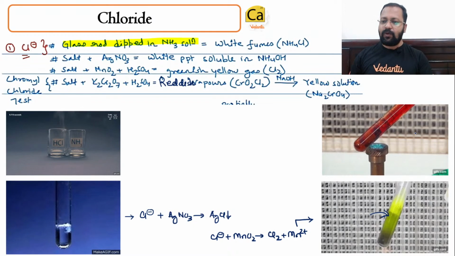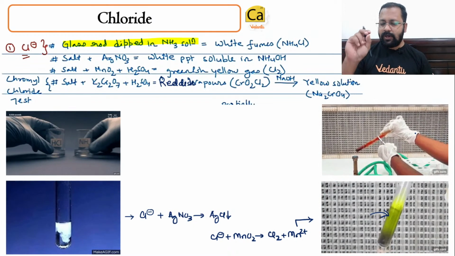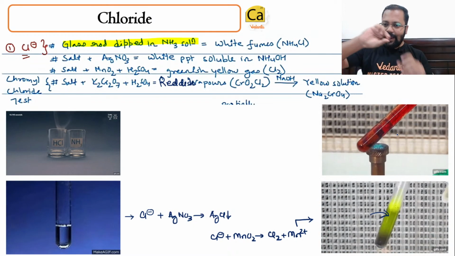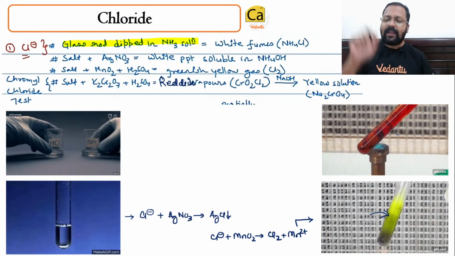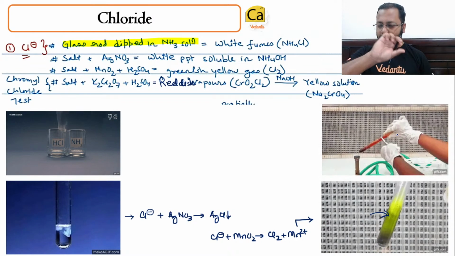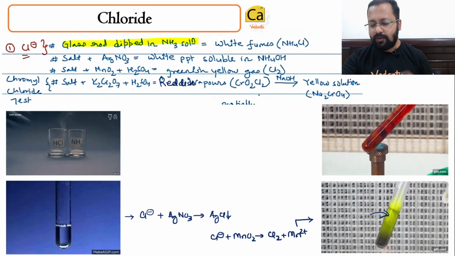And what is this guy doing? You can see in this image, this guy is collecting the gas which is coming out. Why is he collecting the chromyl chloride vapors which are coming out, not chlorine gas?